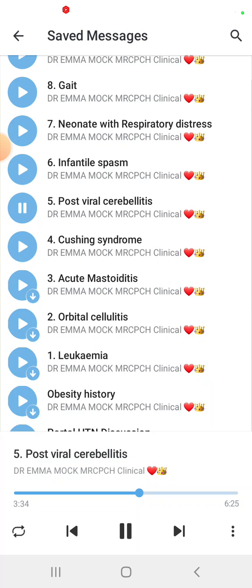Then lumbar puncture if there is evidence of any infection, unless there are contraindications. Brain imaging, MRI, after discussion with the consultant. So mainly no investigation is needed, unless not improved after 48 hours.